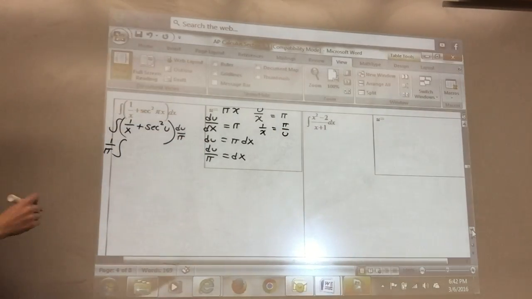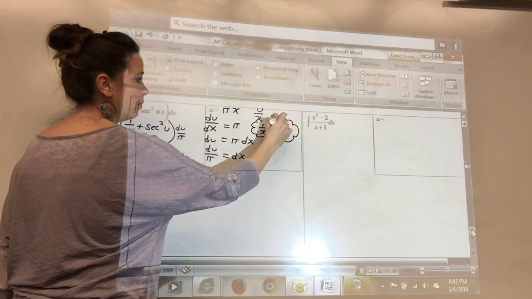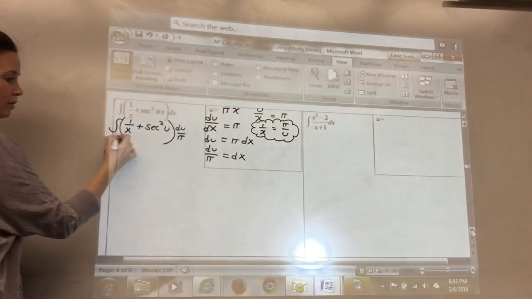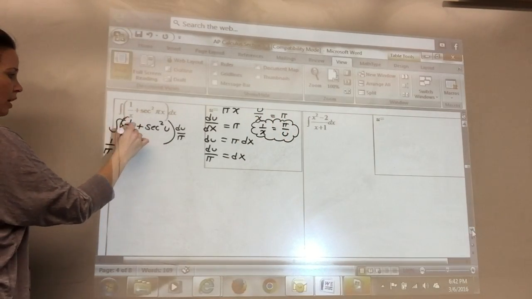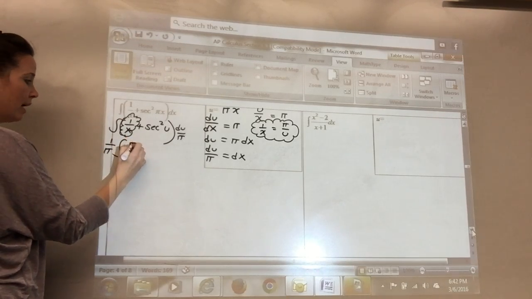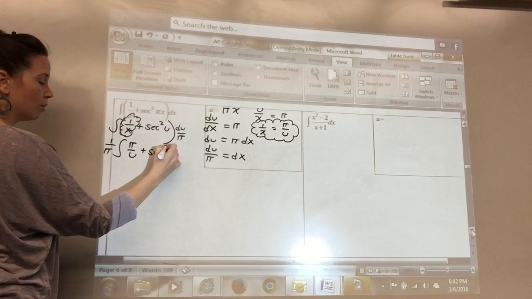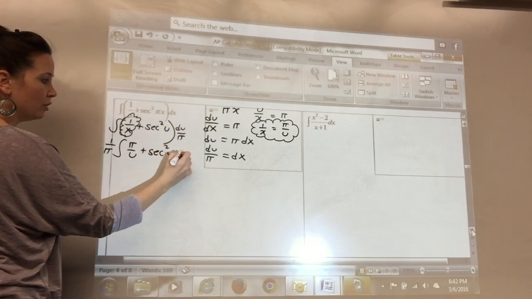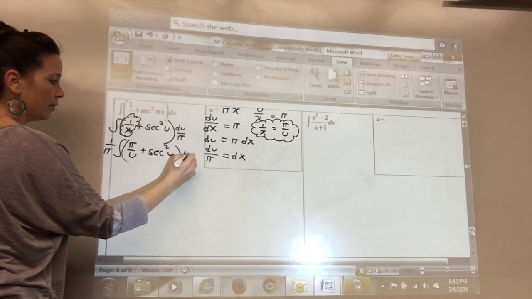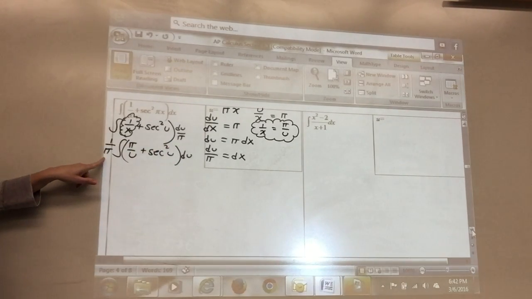And by doing that, 1 over x can be replaced with a u. See that right here? So I'm going to do this to help this all stand out. So 1 over x, I'm going to write that as pi over u plus the secant squared of u. And then I'm going to write just a du here. Because remember, I took this pi and I pulled that through.